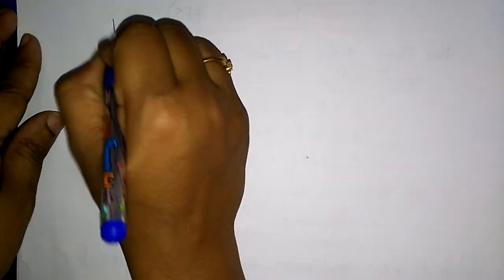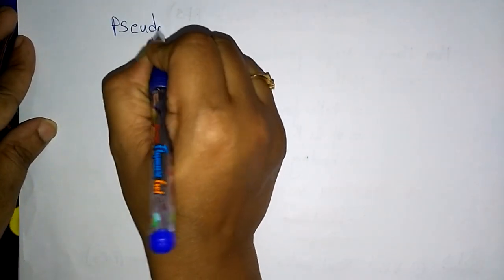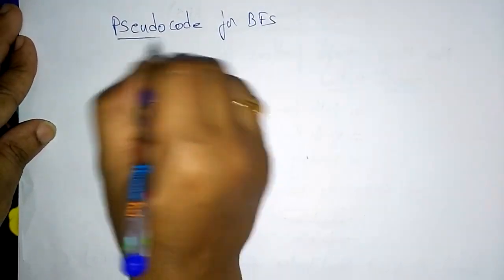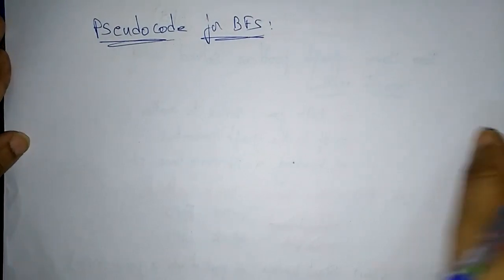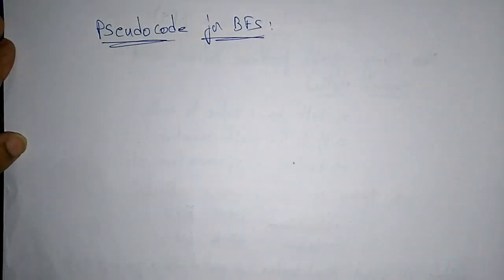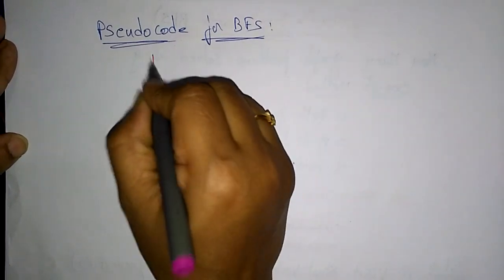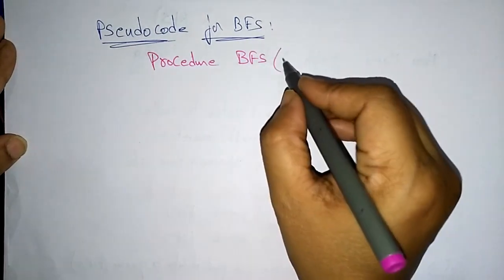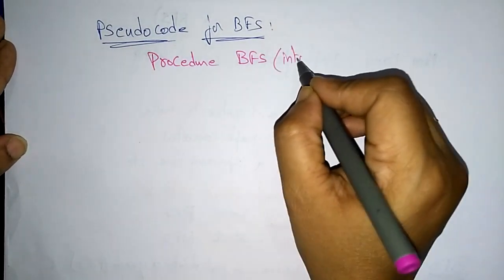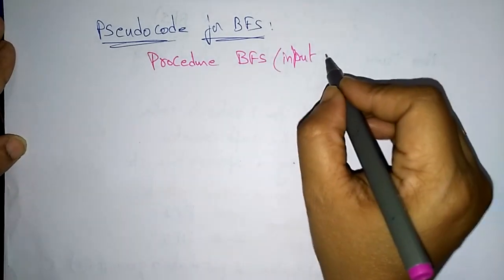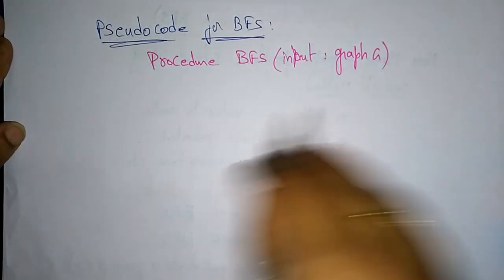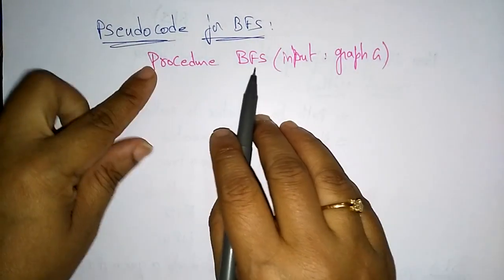Don't be confused. Let me write the pseudocode for BFS. Mostly you'll understand BFS from this pseudocode, or else I'll take the example. First you write the procedure breadth first search.